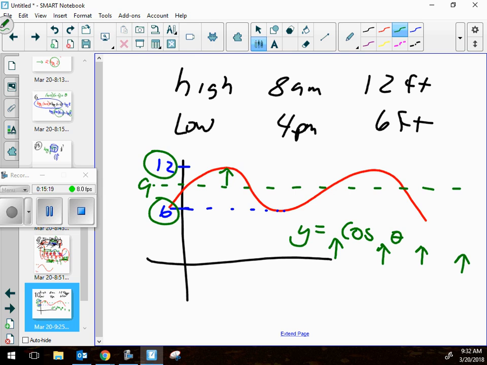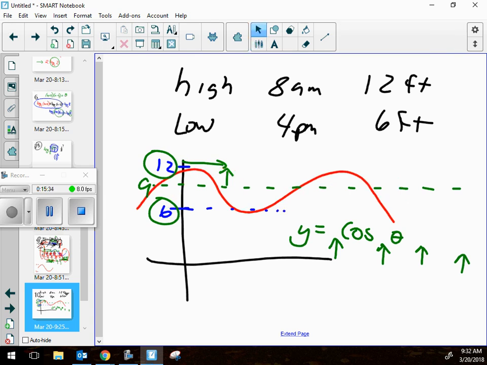We always use a right shift because there always will be a distance to the next high tide. If you just do it that way, it'll always work. There'll always be a distance to the next high tide, unless it happens to be shifted this way enough so that it happens to be a high tide right at time 0. Okay? All right. So, anyway, I think ours was like that about.